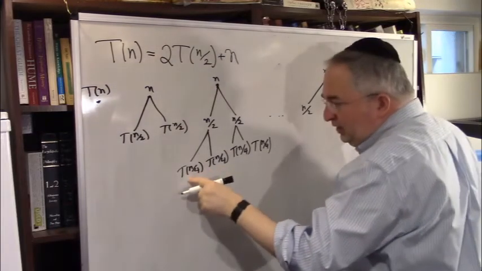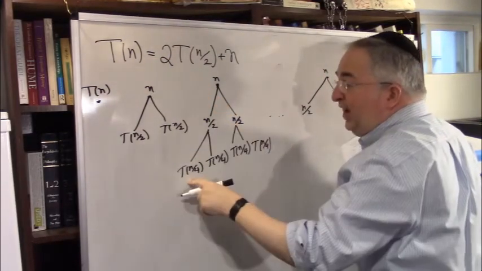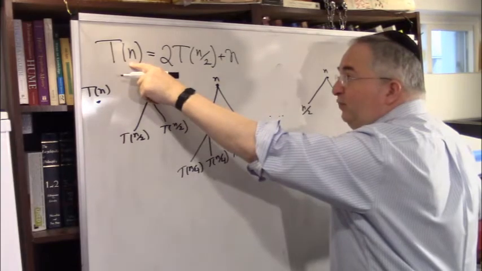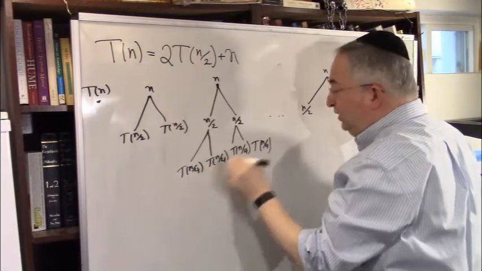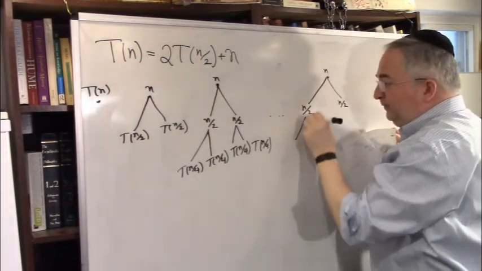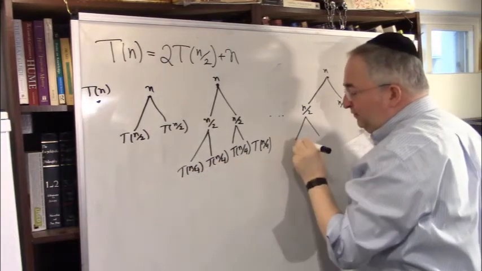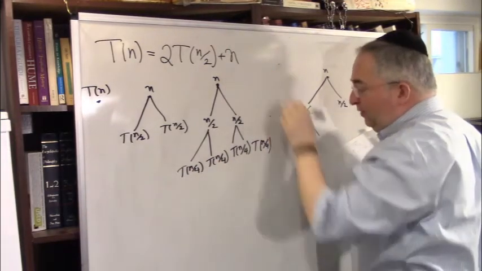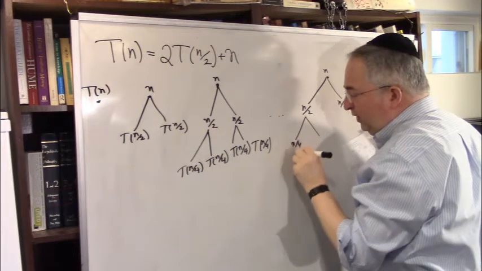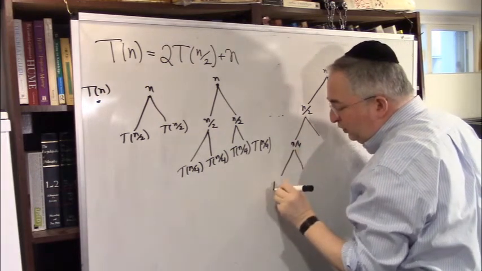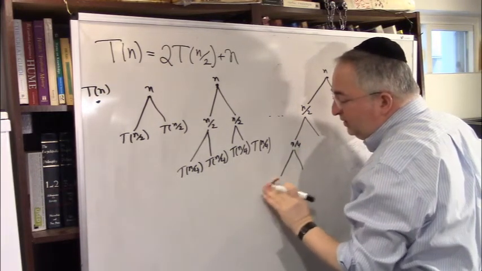Okay, when you plug in n over 4 here, what do you get? You're going to get 2 children. N over 4 is going to have 2 children, and he's going to have 2 children called T(n/8).